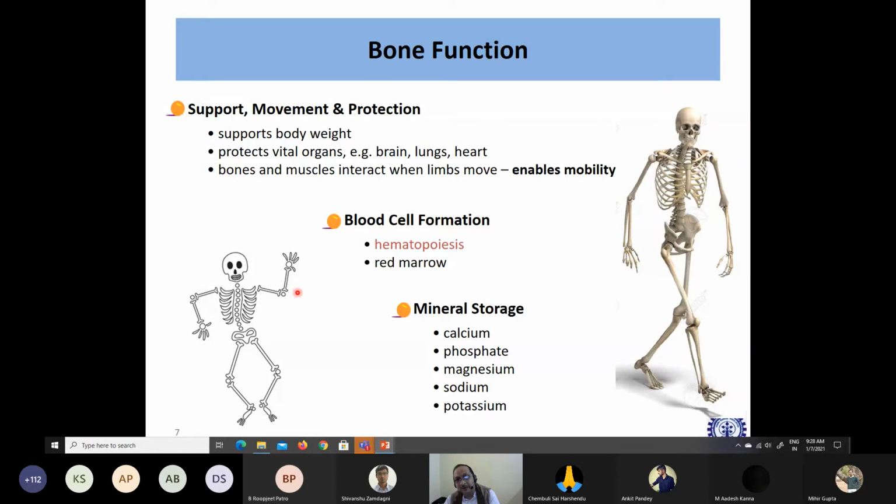You can imagine that it is providing support, it is providing protection, it is providing movement, it is producing blood cells, so blood cell formation is a continuous process, and it is also providing storage for essential minerals. So those are the three most vital functions of bone.